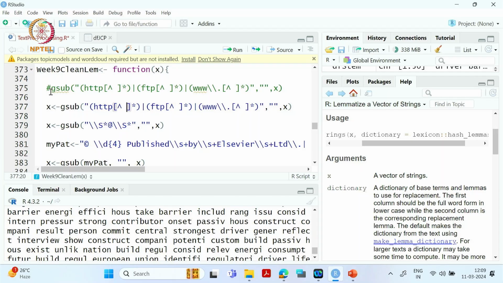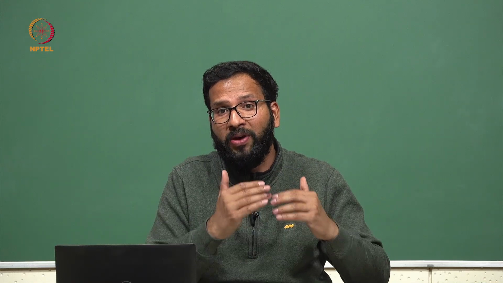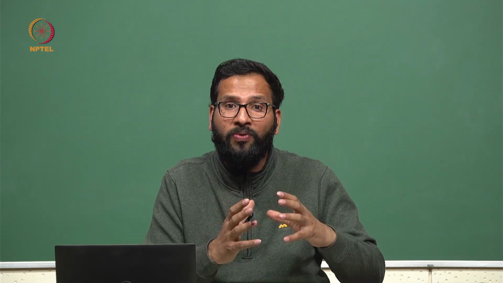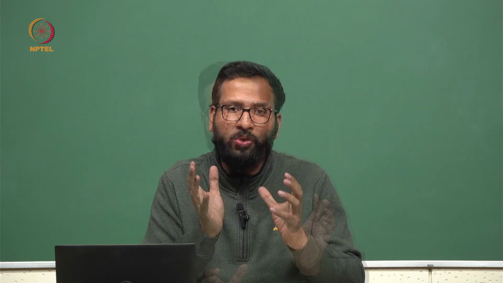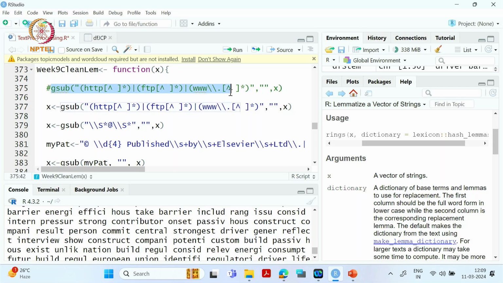Also, if you remember when I was talking about functions, if we just simply call these operations one by one, the output will be whatever the last operation gives. So to get the output after each operation, we have to assign it. If you do not use this x here, the output will be whatever the last operation is.